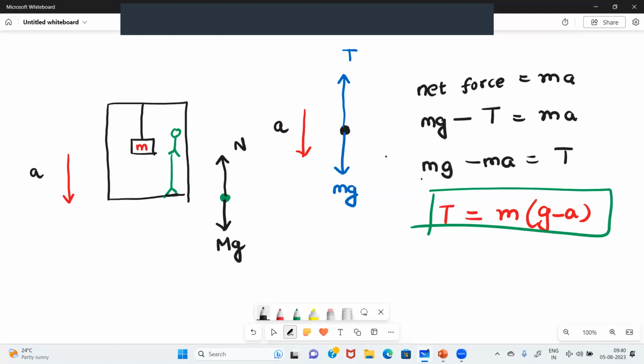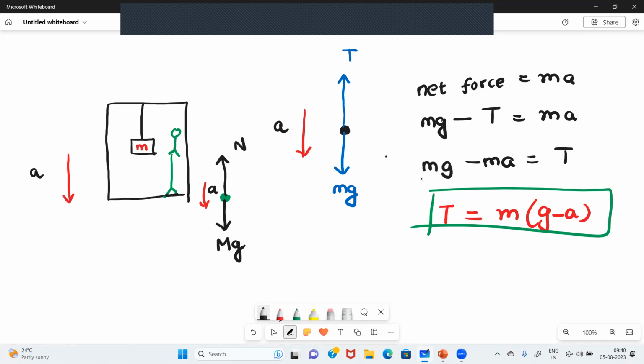Yes, tell me, Jerome. So mg is acting downwards, normal reaction is acting upwards. These are the only two forces acting on the body. And what is the resultant acceleration? In which direction? Downwards, correct? Now, what is Newton's law? Net force equal to ma.